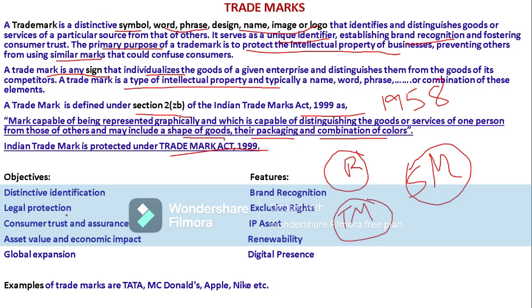In a competitive marketplace, trademarks facilitate market differentiation by allowing businesses to establish a unique identity. Through effective trademarking, companies can stand out from competitors, influencing consumer preferences and creating a distinct market presence. Certainly different companies may have different products, different features.